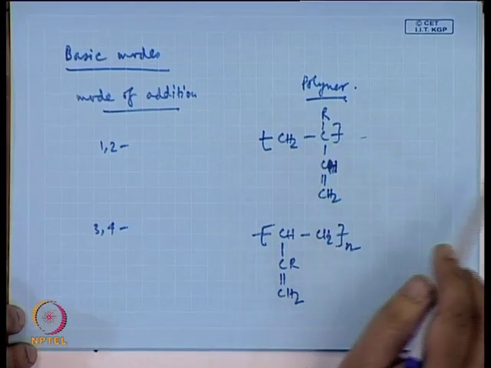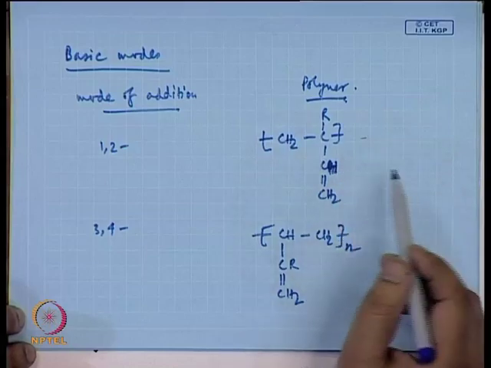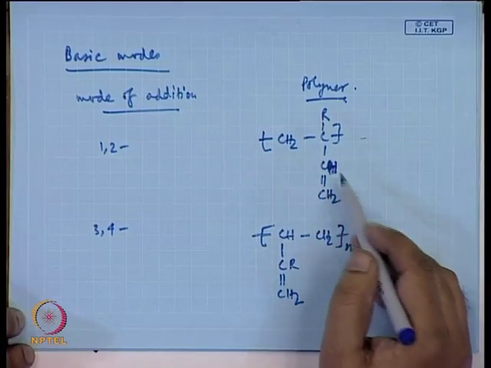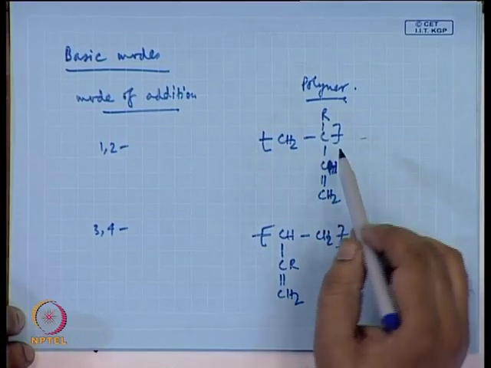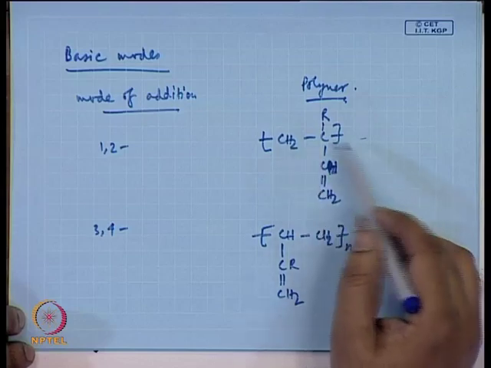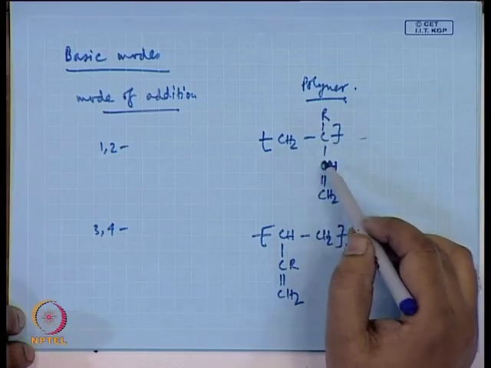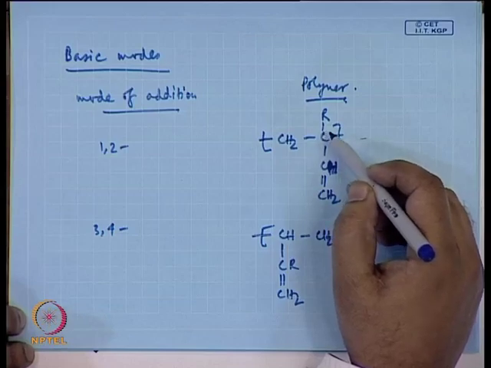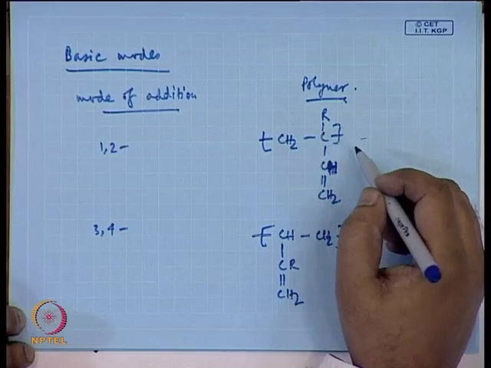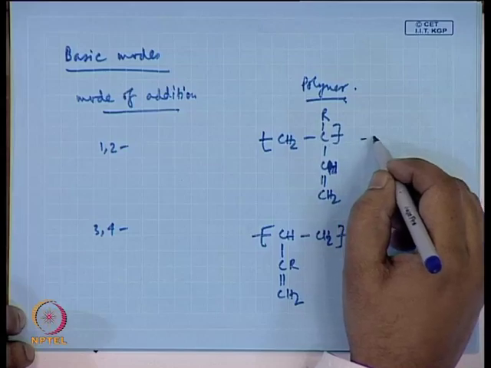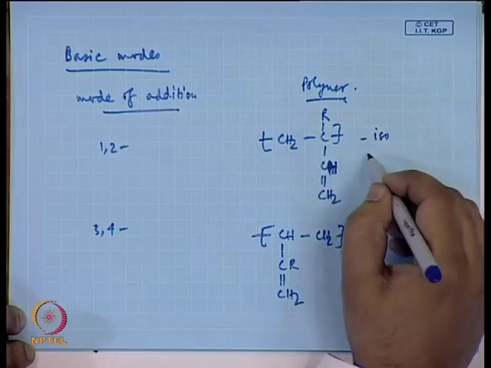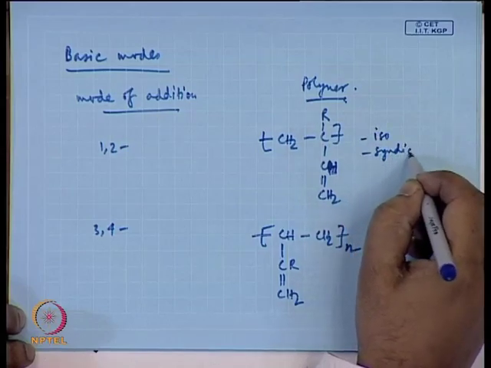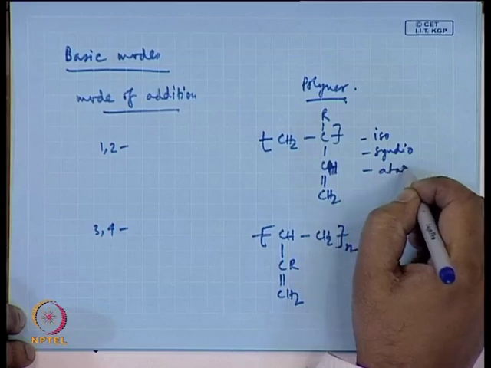We will come to the discussion about tacticity in a minute, but for the time being take my word that these polymers which have a stereocenter, tertiary carbons, can exist in 3 forms: isotactic, syndiotactic and atactic.